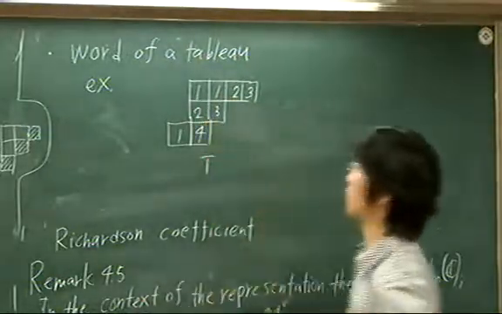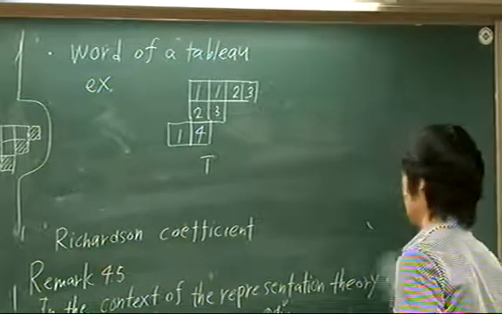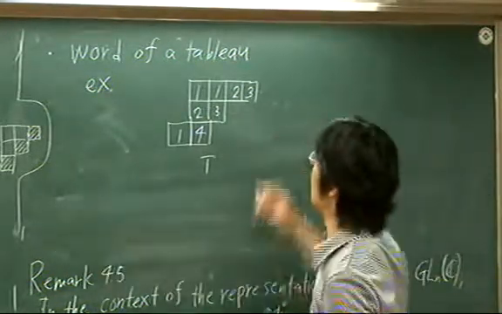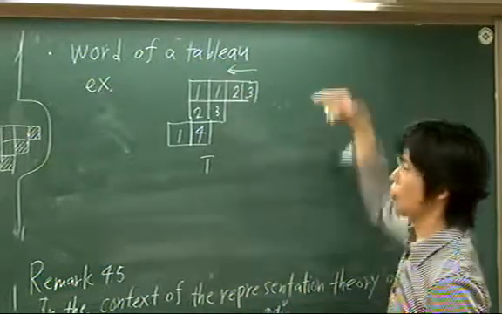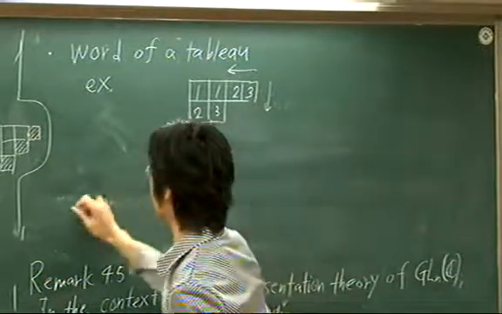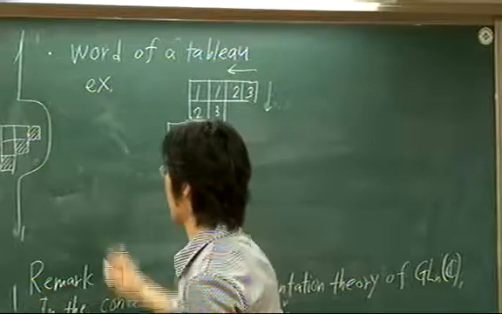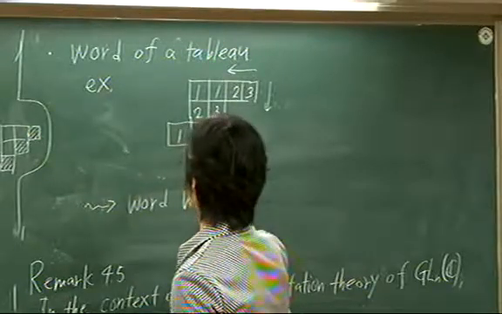Given a skew tableau T, we read the numbers from right to left and top to down, giving the word w(T).